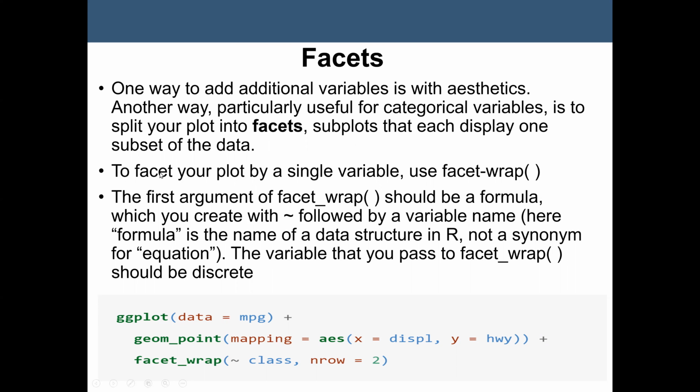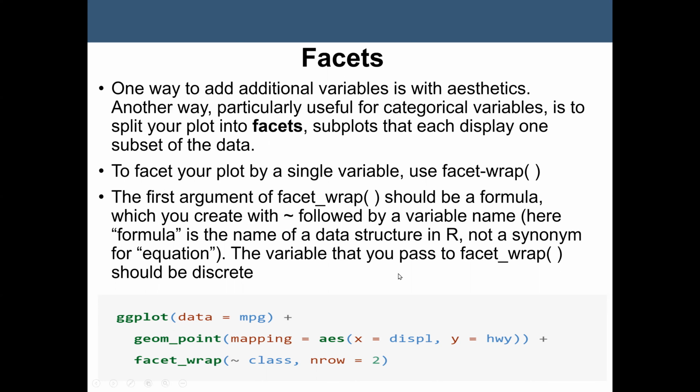To facet your plot by a single variable, we should use facet_wrap. Again, this is the function we have to use, for a single variable. The first argument of facet_wrap should be a formula, which you create with a tilde followed by the variable name. Here, the formula is the name of a data structure in R, not a synonym for equation.